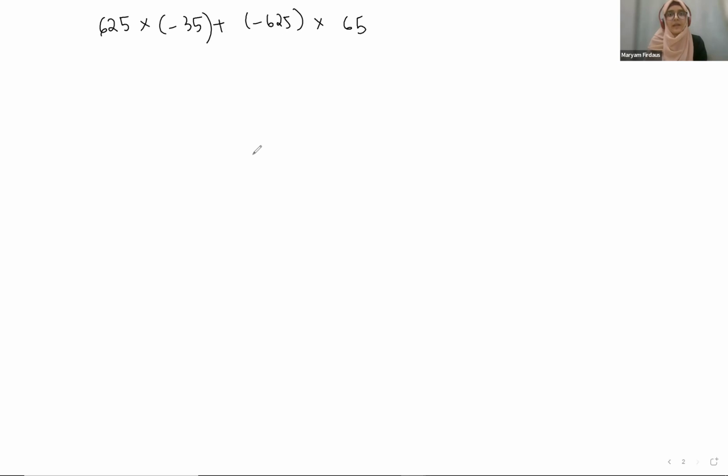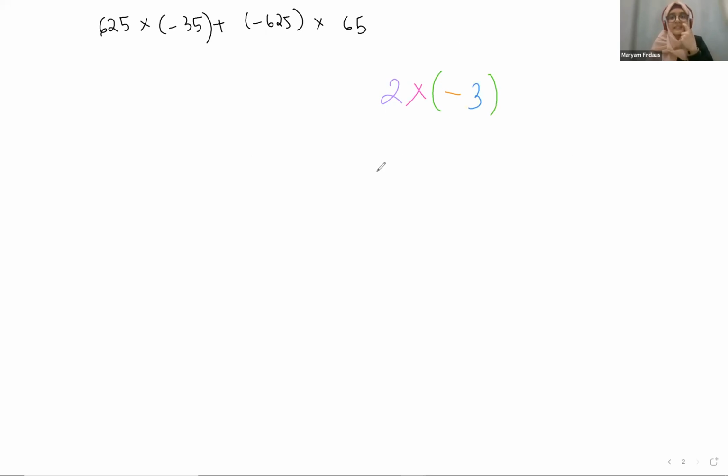Hiba, tell me what is 2 multiplied by negative 3? Negative 6. Okay, just a minute. I'll just draw this a little bigger. So 2 multiplied by negative 3.